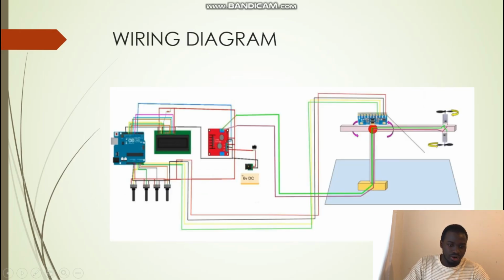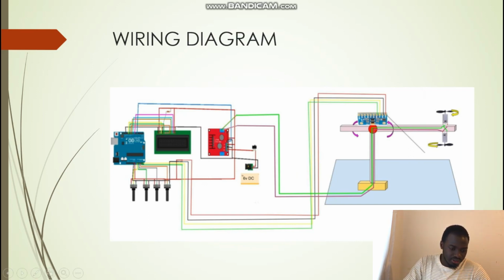Okay, this is the wiring diagram. Here you can see the electronic side, and these are the potentiometers, and this side is considered like the Arduino, and the green one is the LCD screen, and motors, red one is the motor driver. This side is considered as the control side.